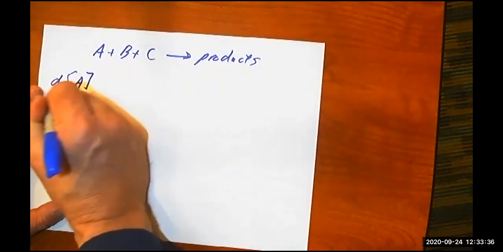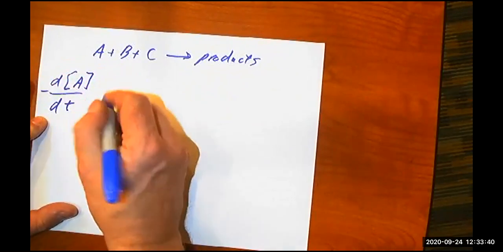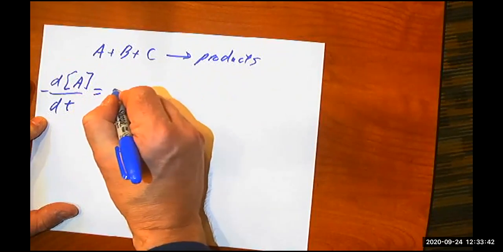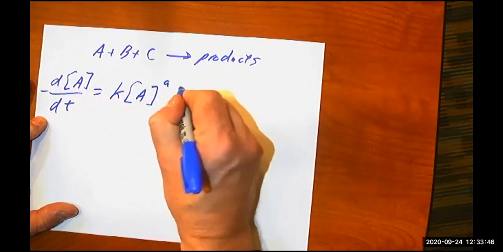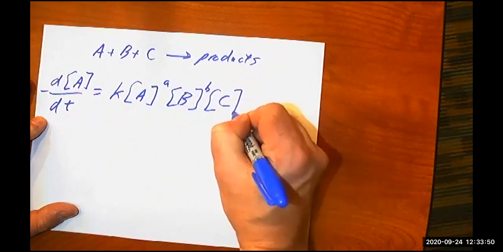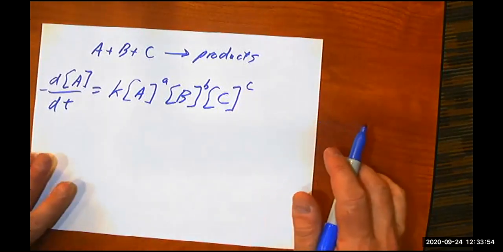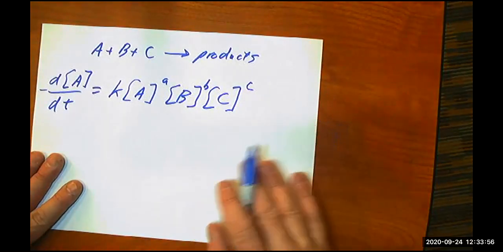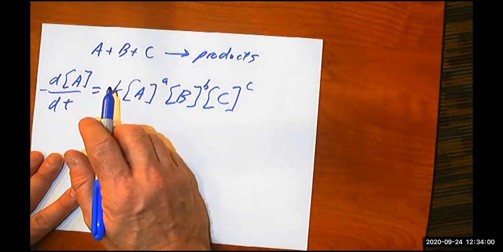So we measure negative dA dt, and we expect this to have a rate law of K concentration of A to some power, concentration of B to some power, concentration of C to some power. The idea of the method of flooding is that for all but one of the species, we make the concentrations really large.